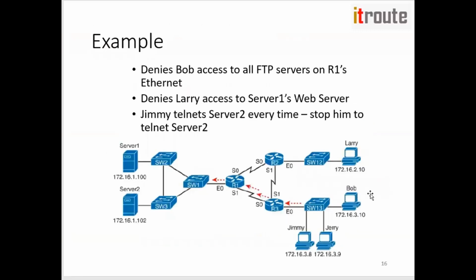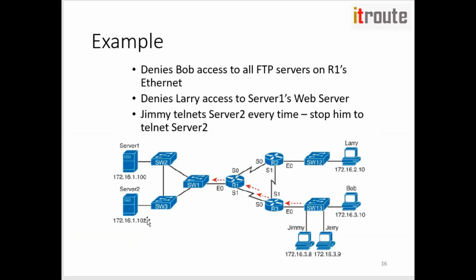There are some more examples with the extended one. In this network we have Larry, Bob, Jerry, and Jimmy. Deny Bob access to all FTP servers on R1's Ethernet. This is Bob, and you want to deny Bob to the FTP servers on R1. We have some servers.